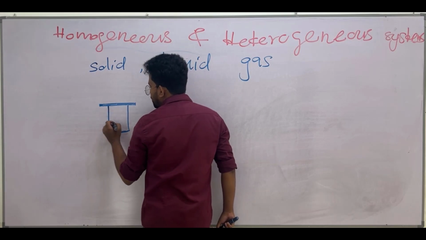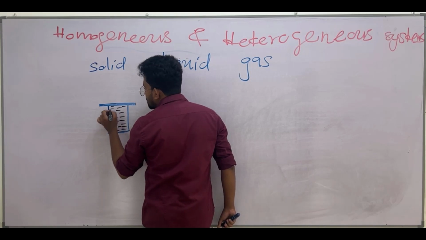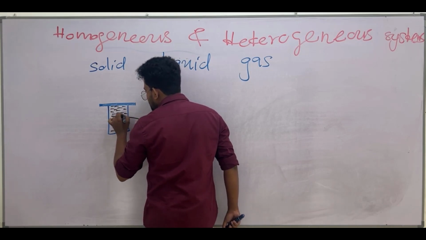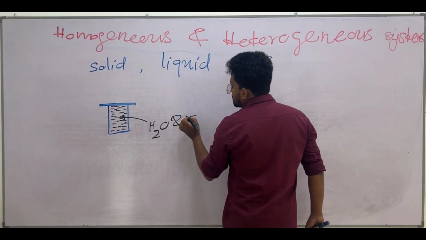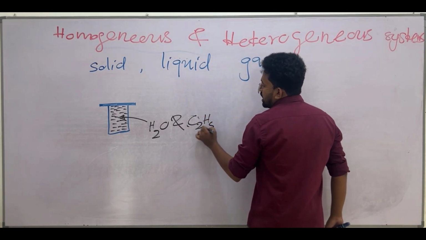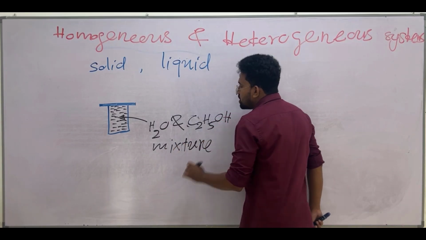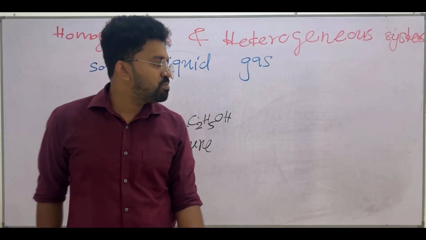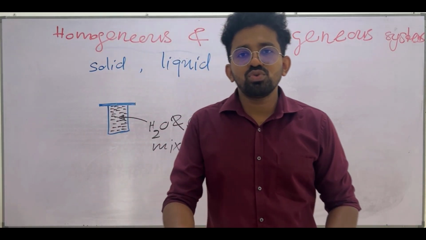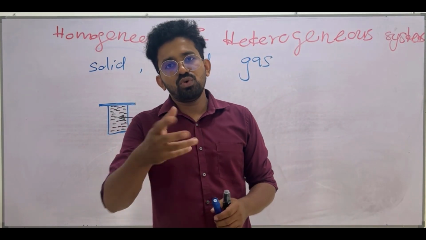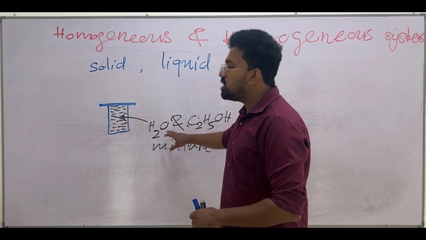If we fill this beaker fully with a mixture of water and ethanol, C2H5OH, now here inside the beaker, ethanol is a liquid and water is also a liquid, and this is a same-phase mixture, liquid.